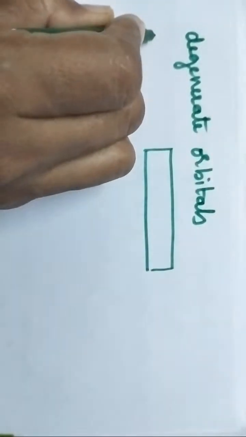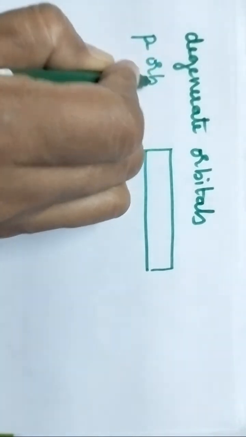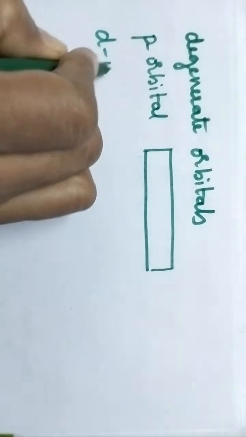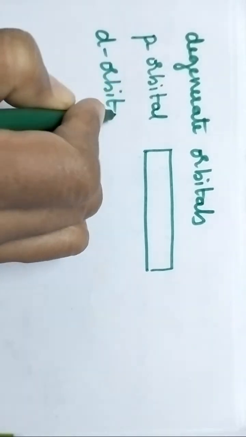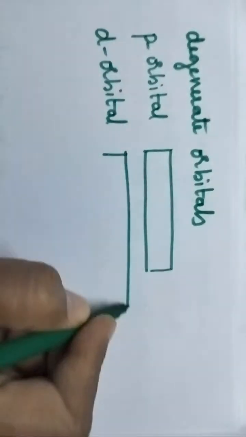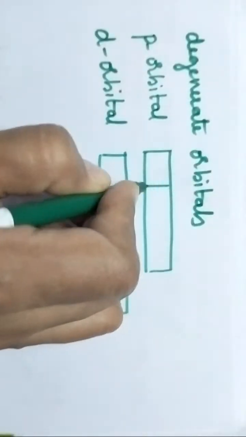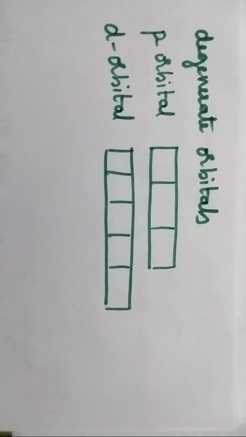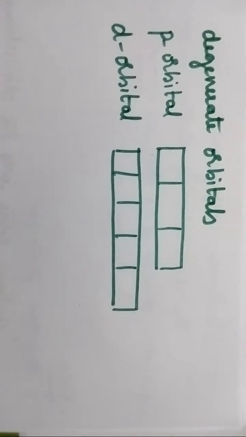In the case of p orbital, or we can also consider d orbital, they consist of degenerate orbitals. So in the case of p orbital, how many degenerate orbitals are available?